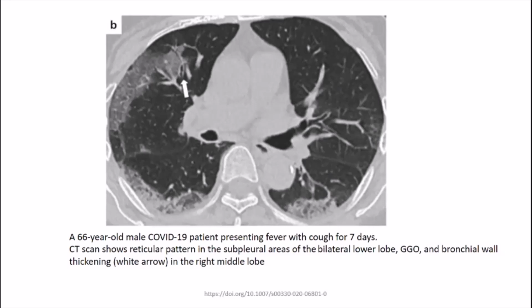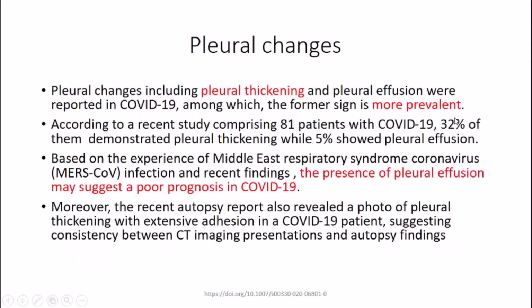The CT scan shows a reticular pattern, subpleural, in the bilateral lower lobes, and we have ground glass opacity, again subpleural, peripheral, with the bronchial wall thickening seen here by the eye.